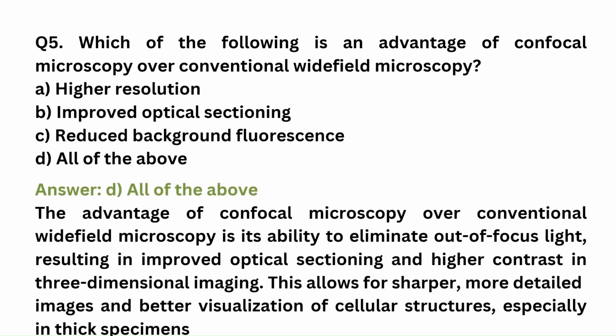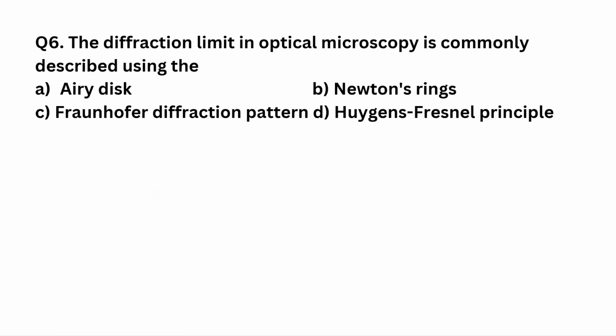So it's all of the above. The advantage of confocal microscopy is its ability to eliminate out of focus light, resulting in improved optical sectioning and higher contrast in three-dimensional imaging. This allows for sharper, more detailed images and better visualization of cellular structure, especially in thick specimens. All of the above.